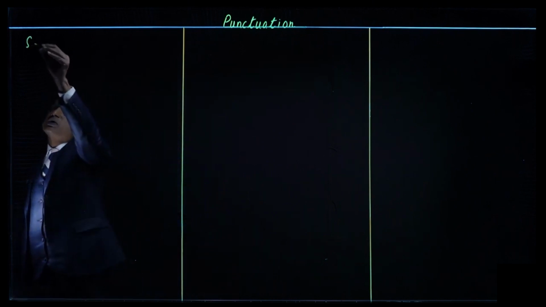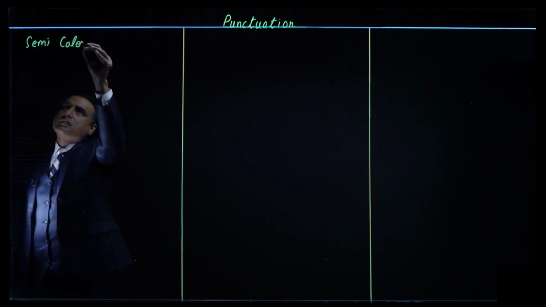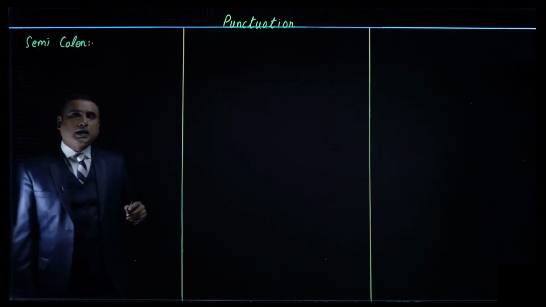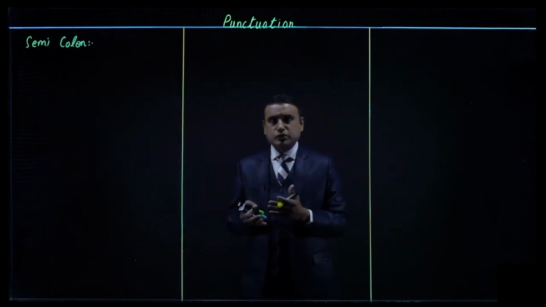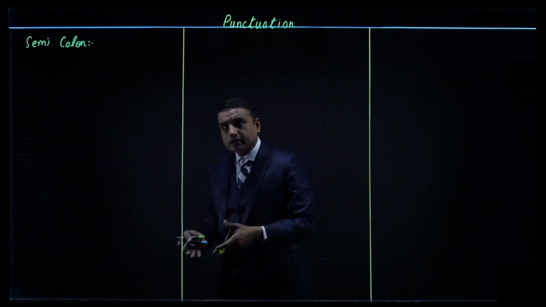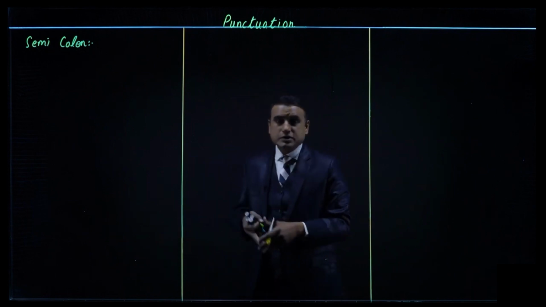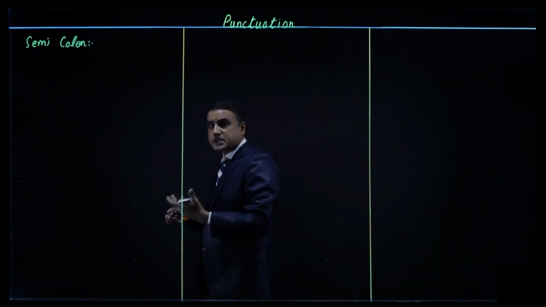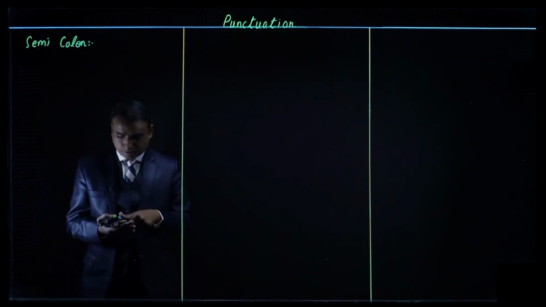And the very first one is semicolon. Now semicolon and comma can be used alternatively, but there are some places where we can only use comma, or there are some places, I should say, where we can only use semicolon and not the comma.